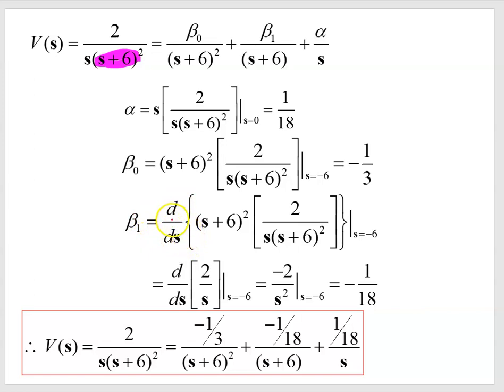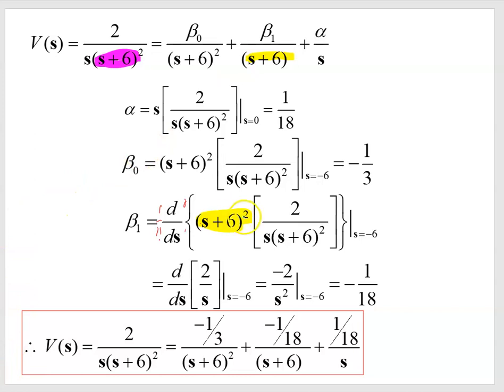It's actually 1 over 1 factorial times d/ds, and we're taking the first derivative, but even though we're finding beta 1, our beta 1 numerator is s plus 6, we're still multiplying by the entire repeated root. So we're multiplying by the number of repeated roots, so we're squaring that.